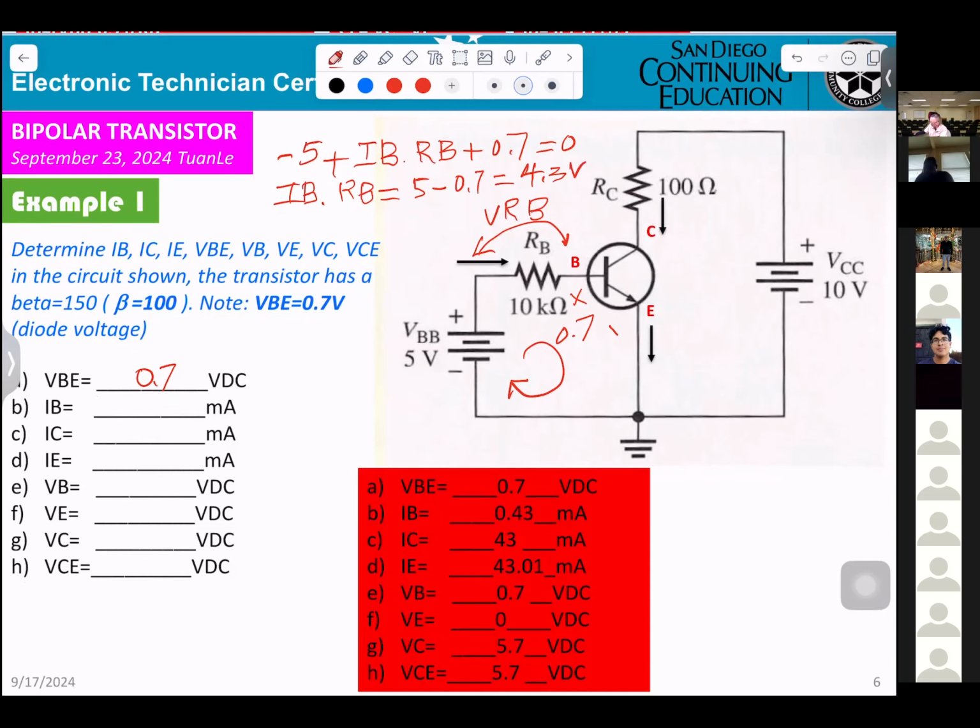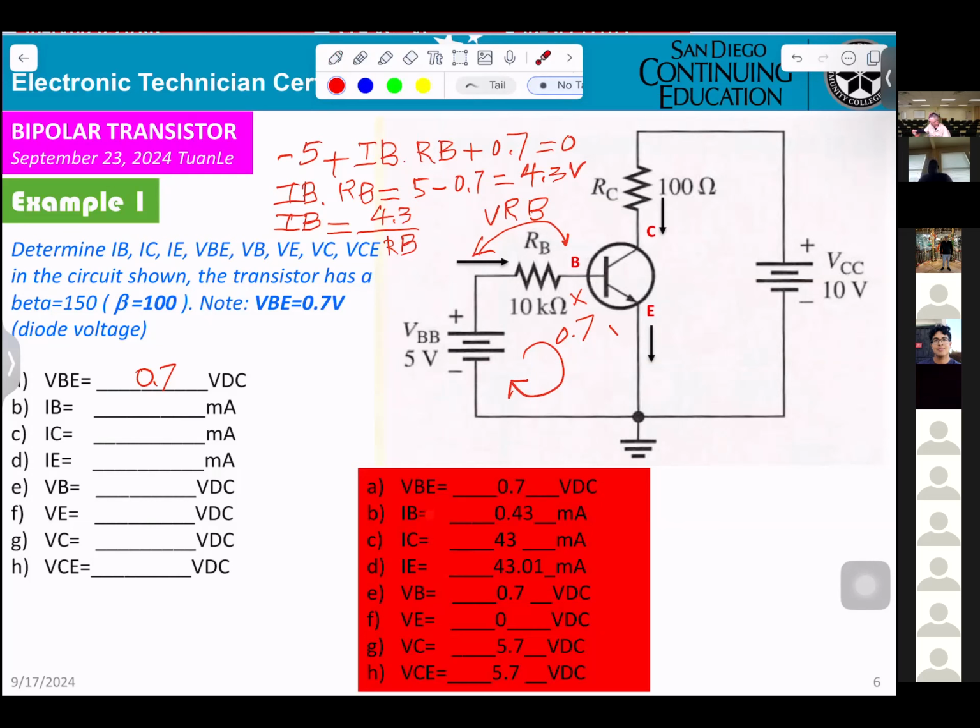And now IB equals 4.3 divided by RB. Okay, so now what you need to do, go ahead, calculate the IB to see if you get what we wanted.